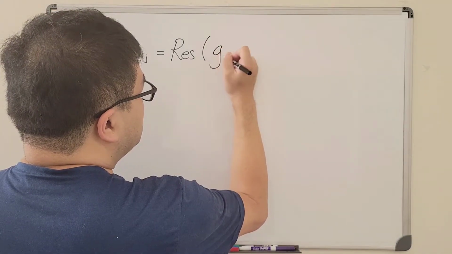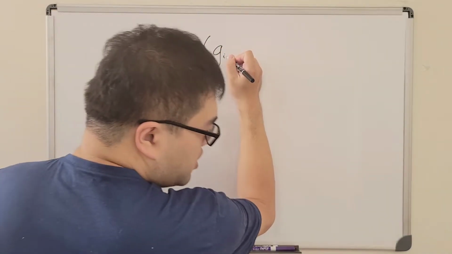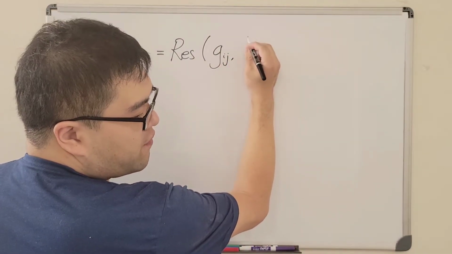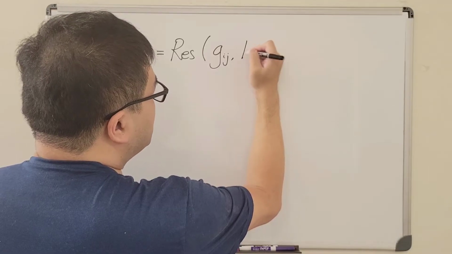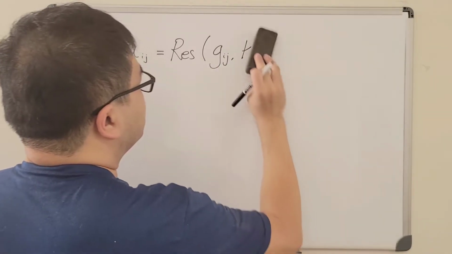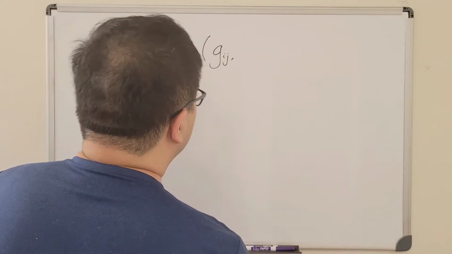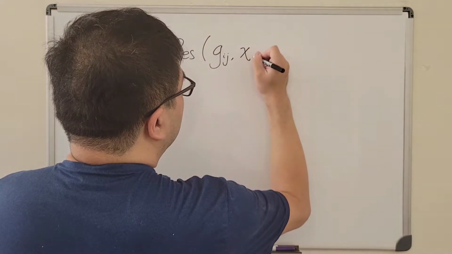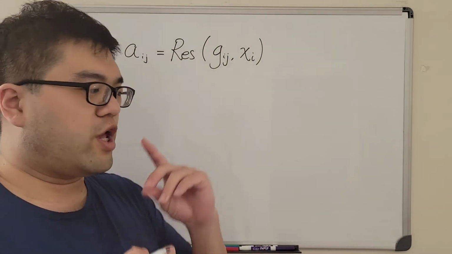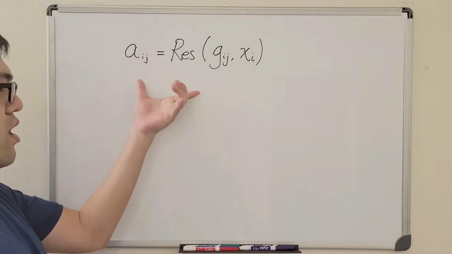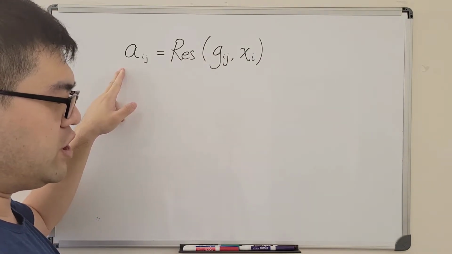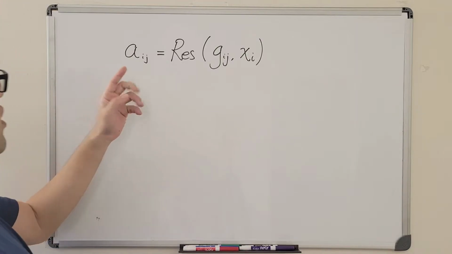We'll write it as g_ij. Okay, so this is the expression that we have for finding the coefficients of each partial fraction.